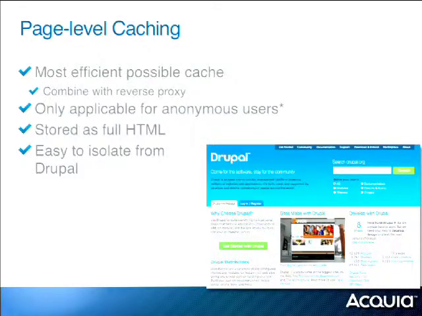So the page caching is one by one, but you really need to think about if I do lose the page cache, if that gets cleared out for whatever reason, if someone logs in, then what's your next line of defense? You can't hide behind the page caching, even if it's an anonymous site, for a lot of different reasons.